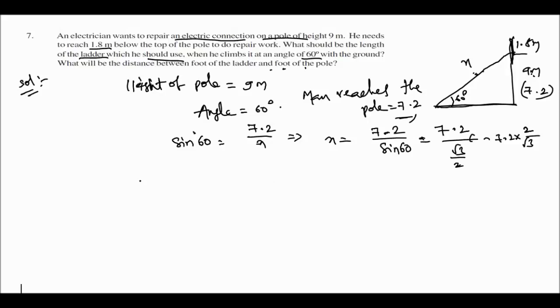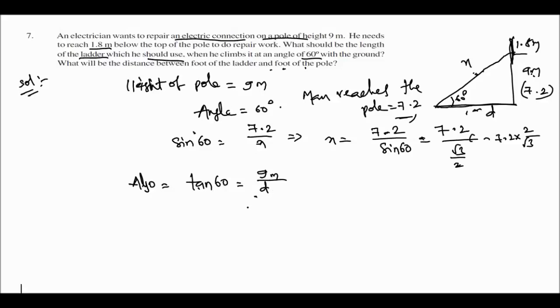After that we also have to find tan 60 here, because we have to find this one also. So tan 60 is equal to opposite by adjacent. Opposite is 9 meters divided by adjacent. Nothing there, so I take it as d, the distance.